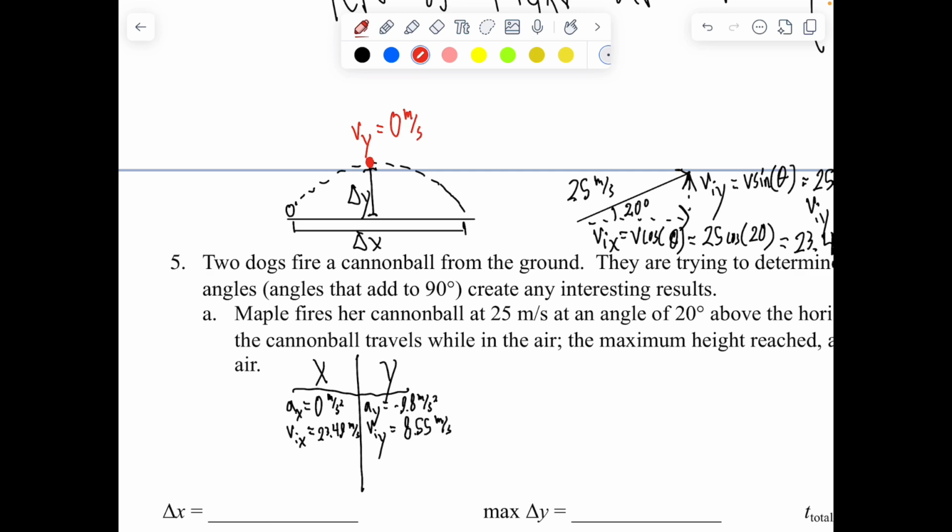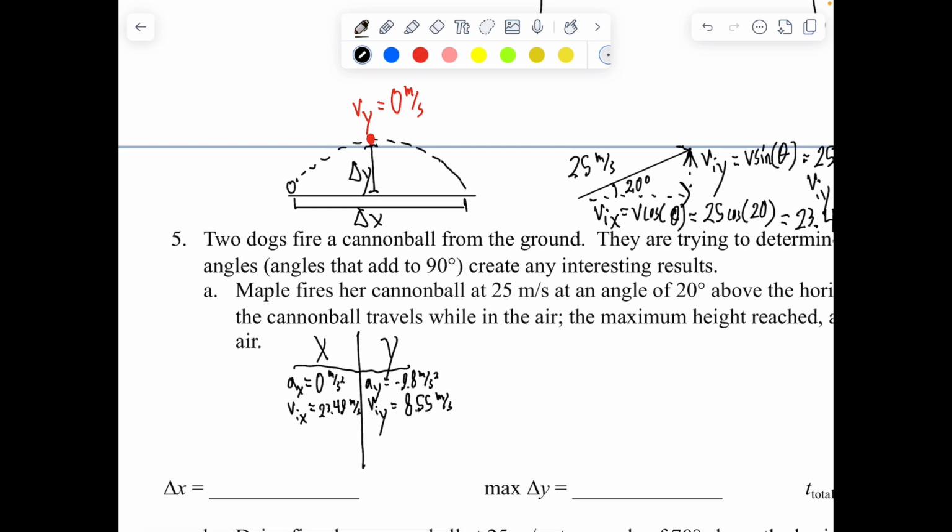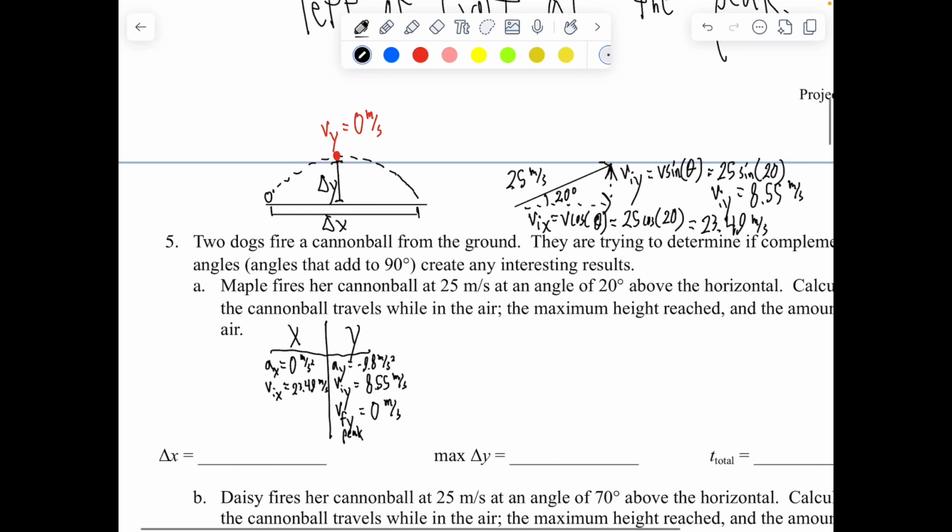It hasn't yet started falling down, so that y velocity is 0. We're going to plug that in as our final velocity in our y direction is 0 meters per second. And this specifically is at the peak of our motion. I'm just adding in that extra subscript saying it's at the peak just so that we're clear this is at the peak of the motion, not at the end of the motion.